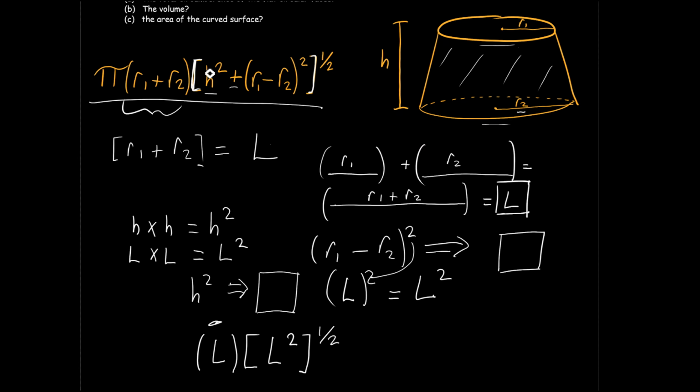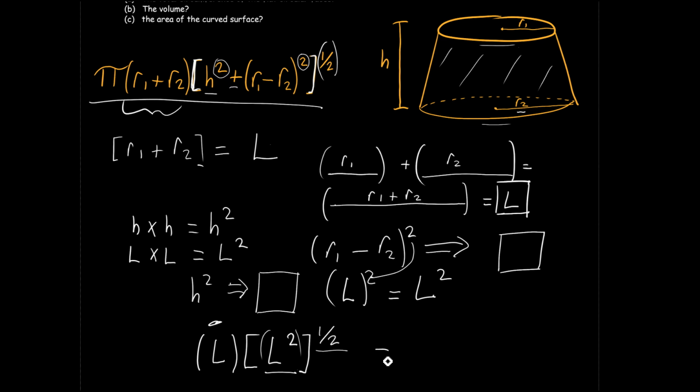When we raise a length, a dimension of length, to a power of 2, it becomes an area. And when you add two areas together, it results in a larger area, or in other words, a dimension of length squared. And that's why we've got length squared down here. And this has been raised to a power of a half in the equation above. So when we multiply this exponential here by the power of a half, it results in a length to the power of 1.